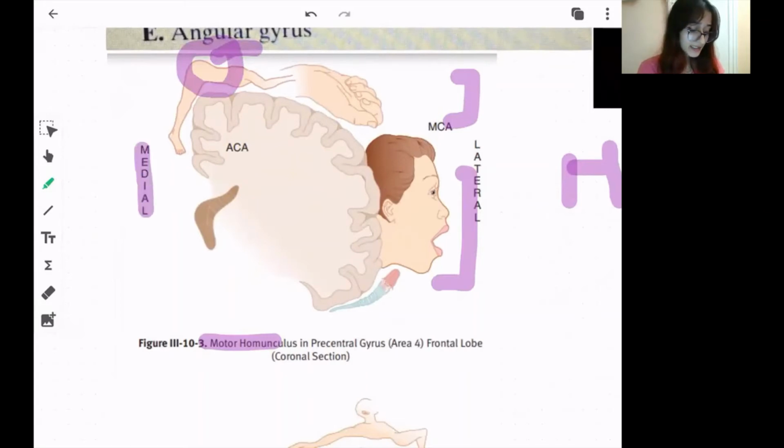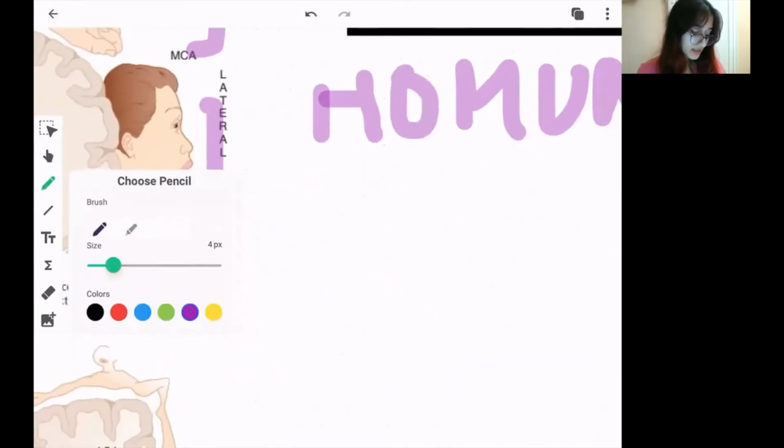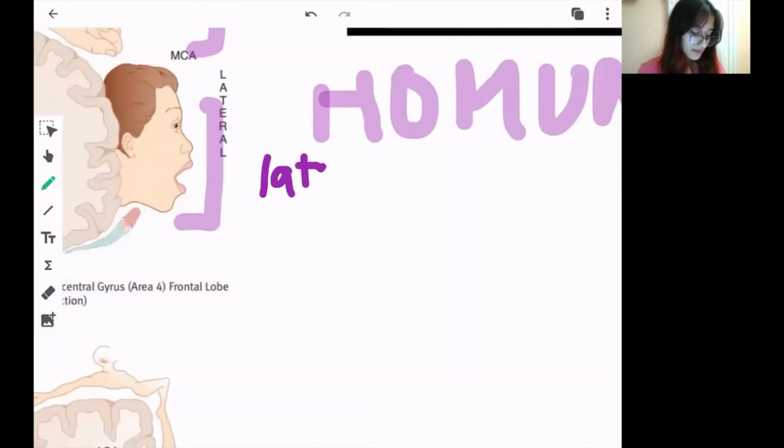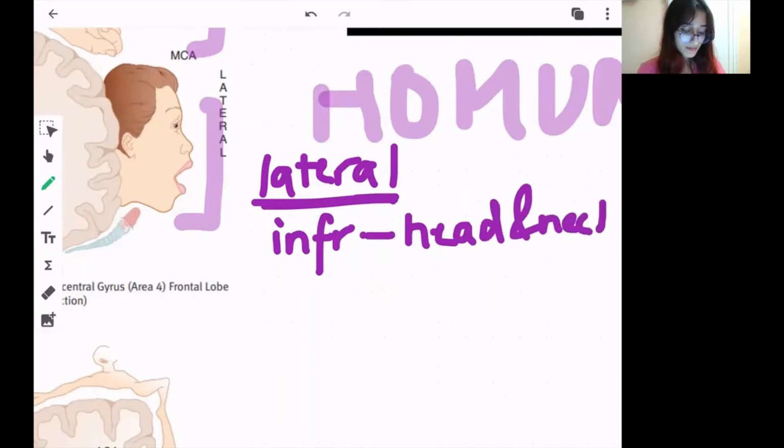And on the medial side, what is present? The lower limb. So let's write it down. On the lateral side, the inferior part is controlling the muscles of head and neck. The upper part is controlling the upper limb.